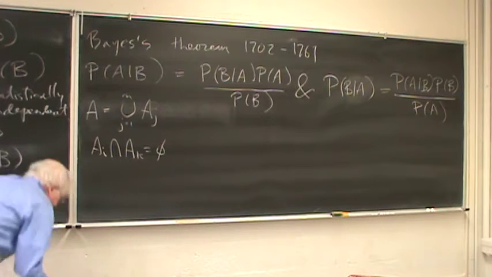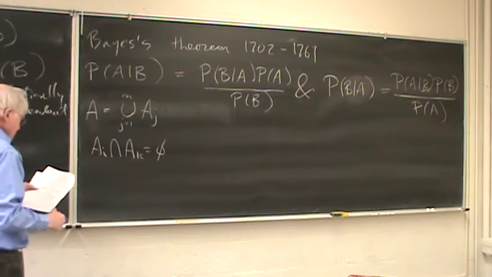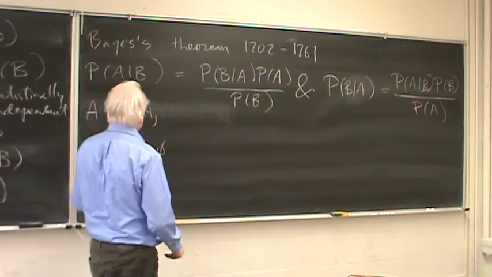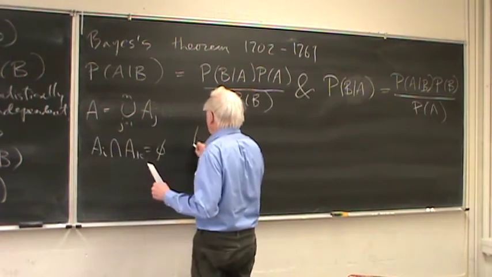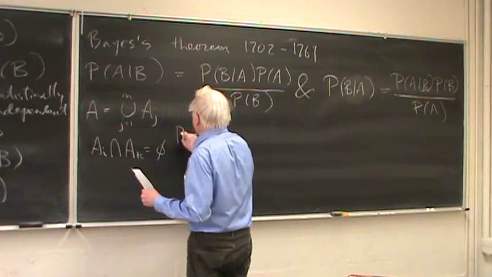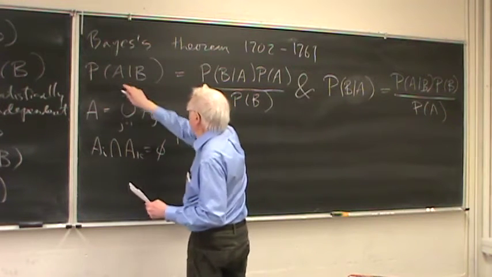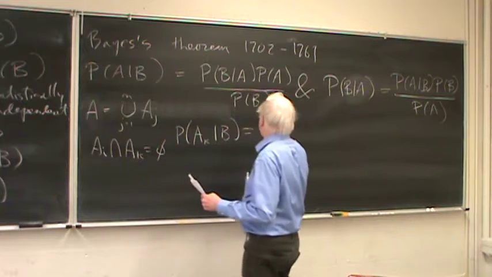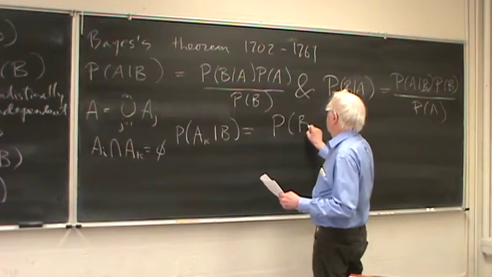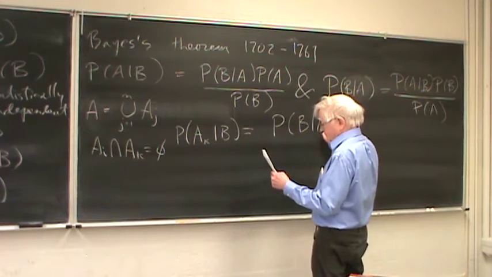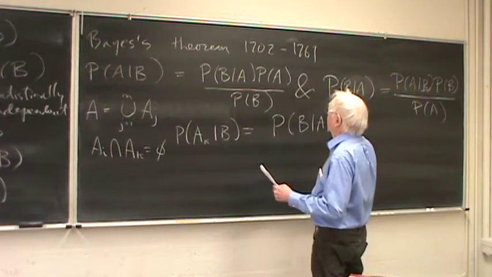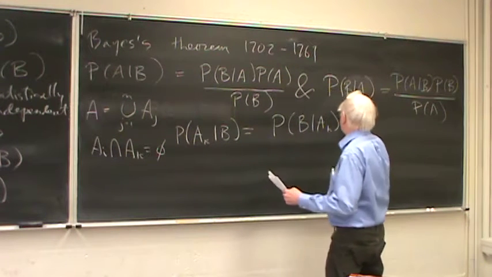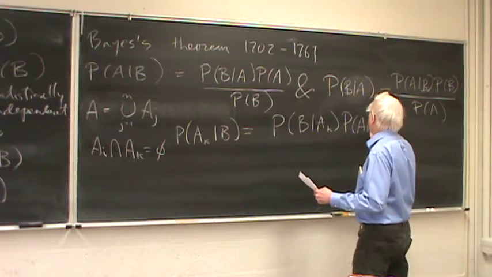Then what we can say is that the probability of a particular A sub K given B is the probability of B given A sub K times the probability of A sub K.